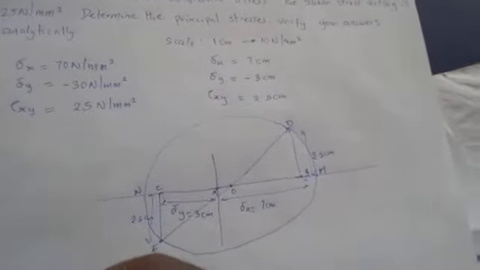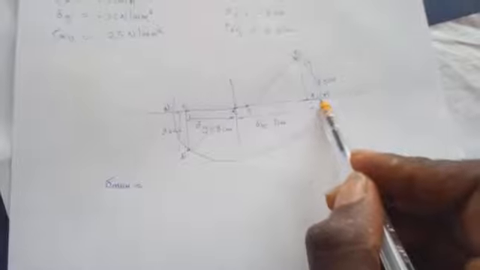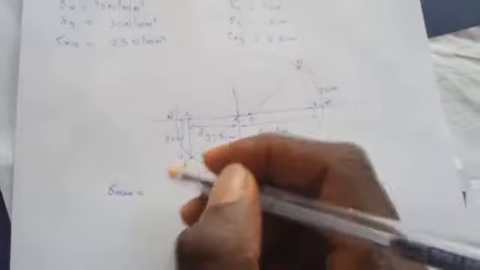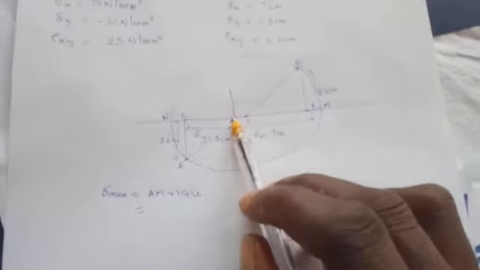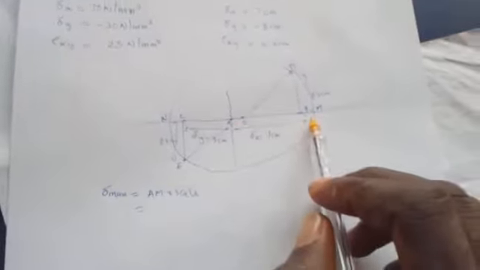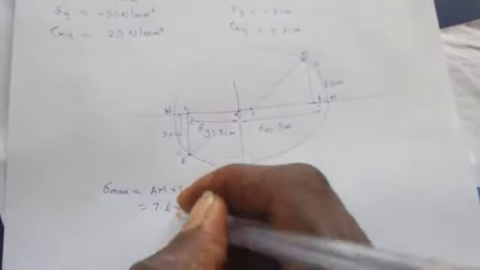Now, my sigma maximum will be my distance from A to M. That is AM times scale. If I take my ruler and measure AM, I get 7.6. 7.6 times scale, and my scale is 10 Newton per millimeter squared.